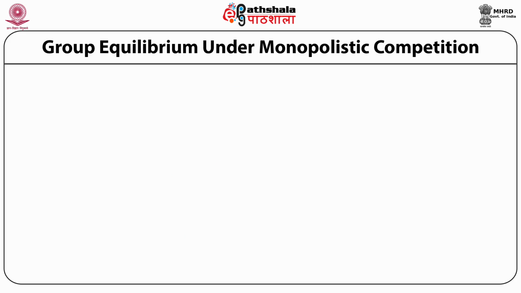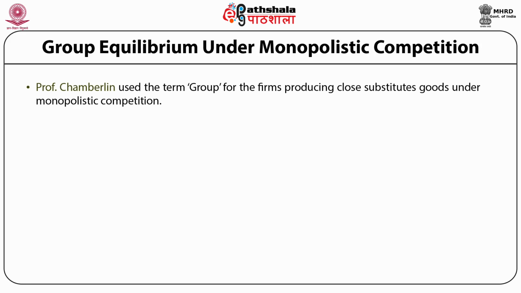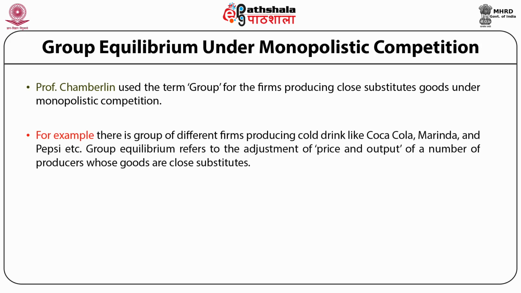Group equilibrium under monopolistic competition. Professor Chamberlin used the term group for the firms producing close substitute goods under monopolistic competition. For example, there is a group of different firms producing cold drinks like Coca-Cola, Mirinda and Pepsi, etc. Group equilibrium refers to the adjustment of price and output of a number of producers whose goods are close substitutes.